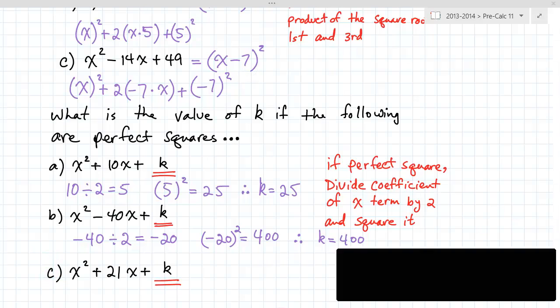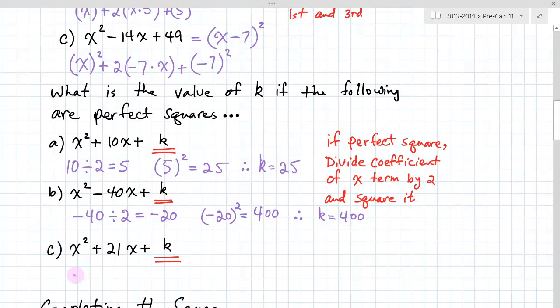Go for it. Okay, I'm going to follow through with the method that I have. I'm going to take 21 and I'm going to divide it by 2. Well, that gives me a decimal. So I'm going to write it as 21 over 2. Right? I'm going to take that 21 over 2 and I'm going to square it.